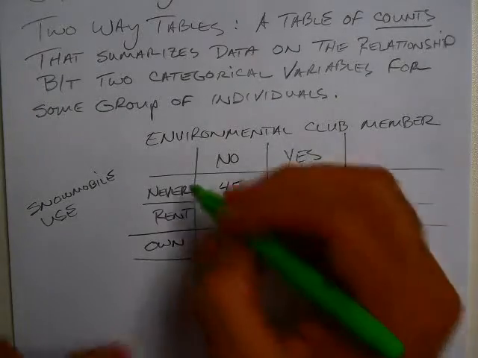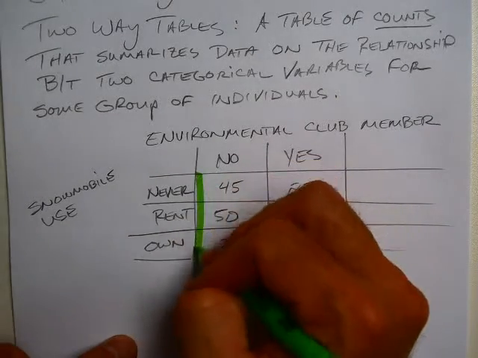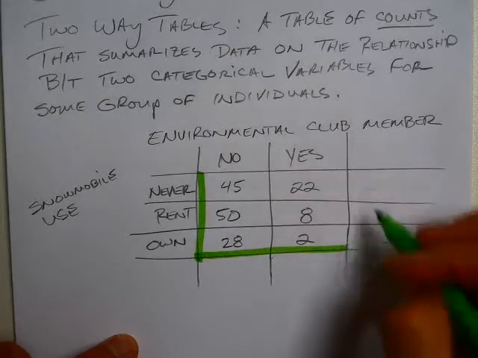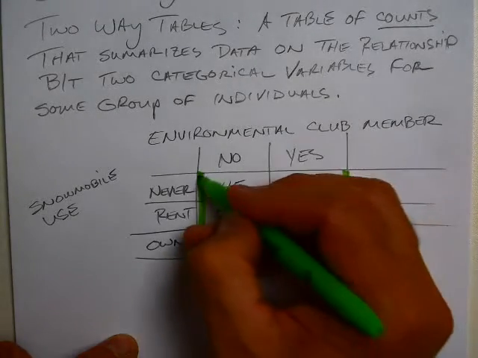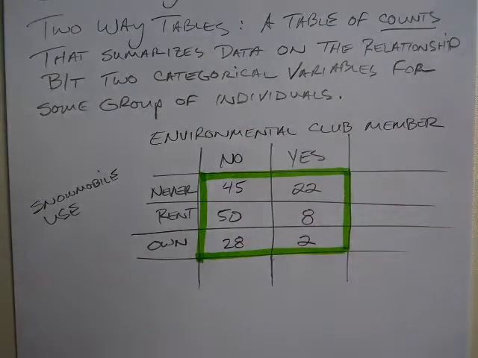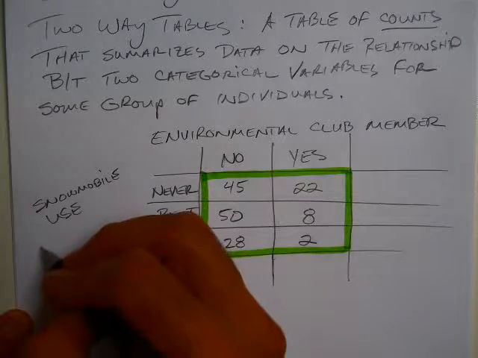These numbers in here represent all the people in the study or in the questionnaire, and we call these joint frequencies.